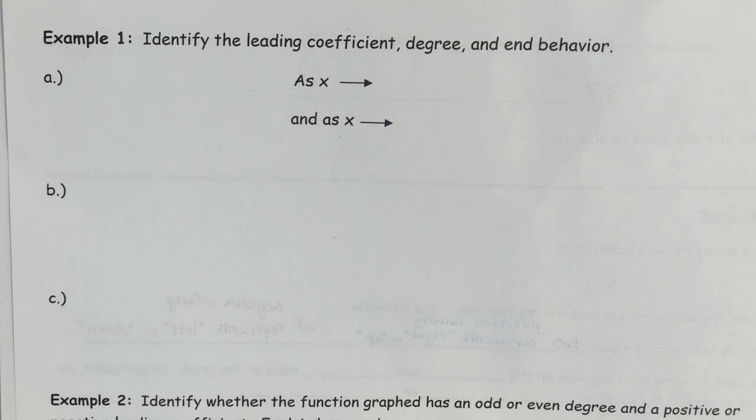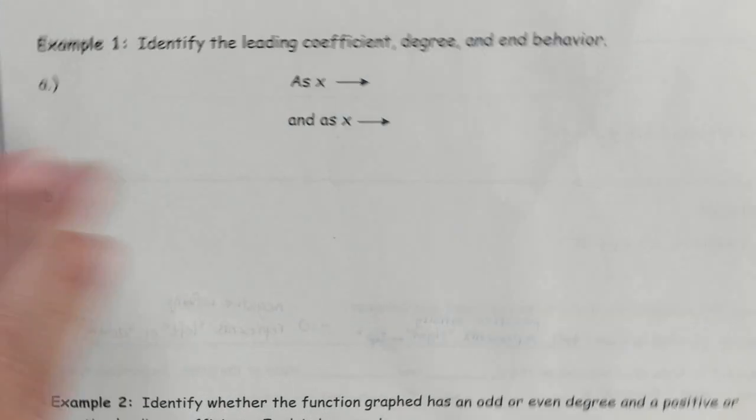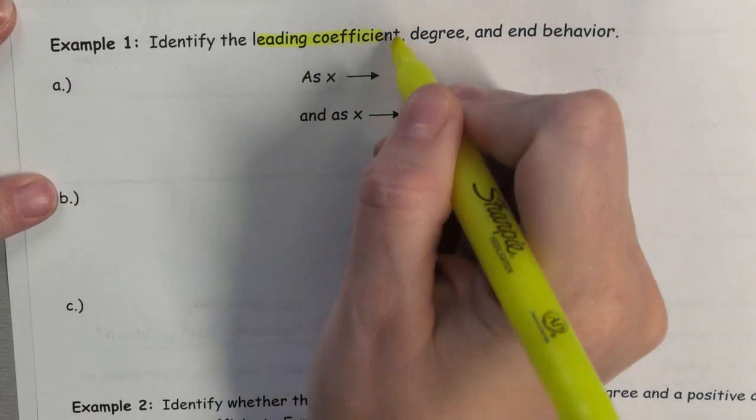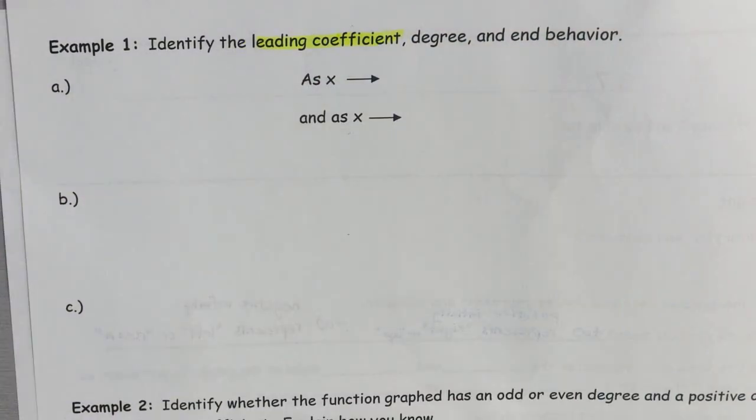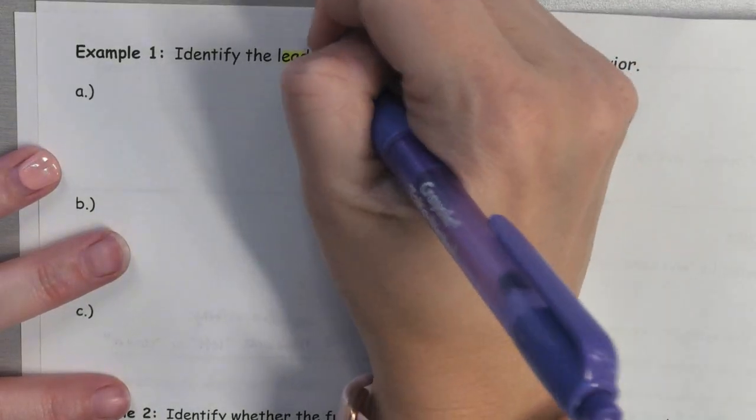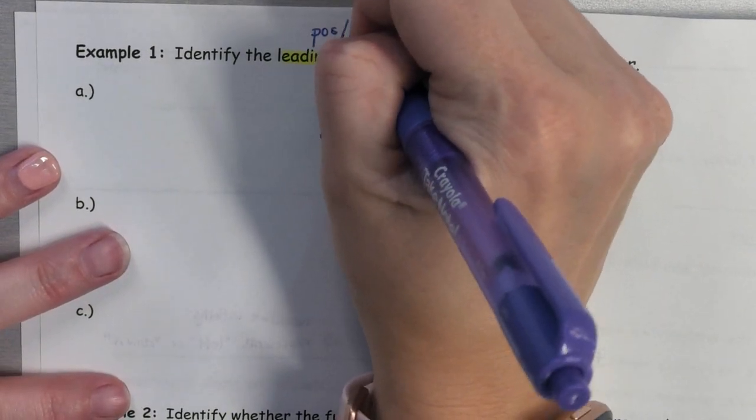So example 1 says identify the leading coefficient, degree, and end behavior. With the leading coefficient, there are 2 decisions you have to make: it is either going to be positive or negative.